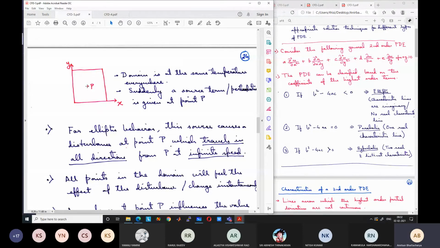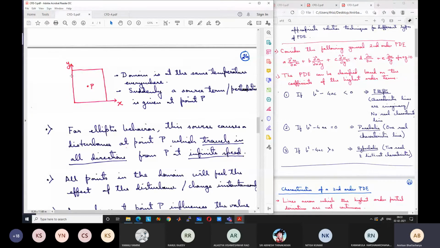If we solve a steady state problem, because there is no dependence on time, whenever you introduce this disturbance, everywhere the solution will change. If I introduce 500 degrees centigrade here, at that moment itself the equation will dictate that all the locations have different temperatures. So, say nearby it is 450, then farther away 400, then 350, 300, 250, and finally at the boundary it is 200.